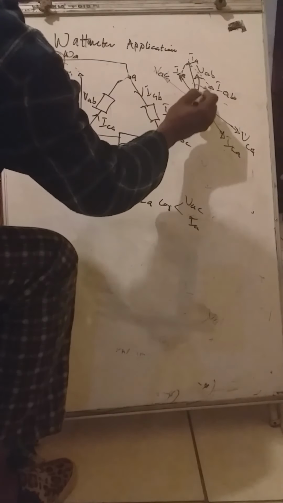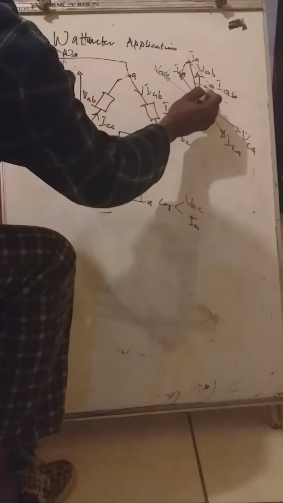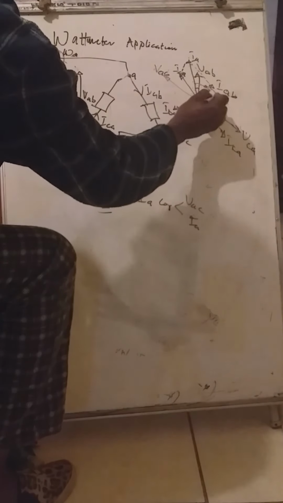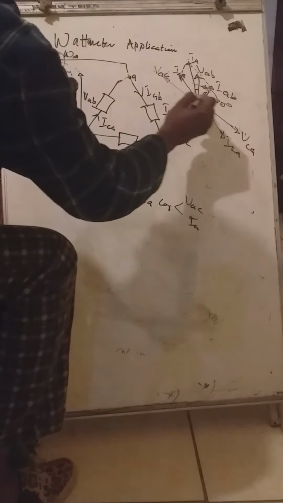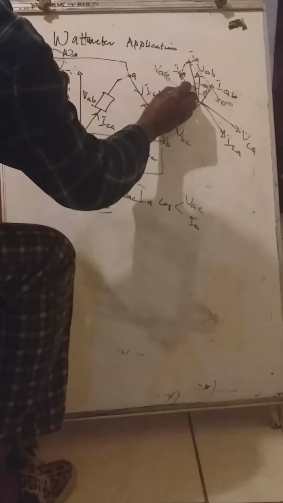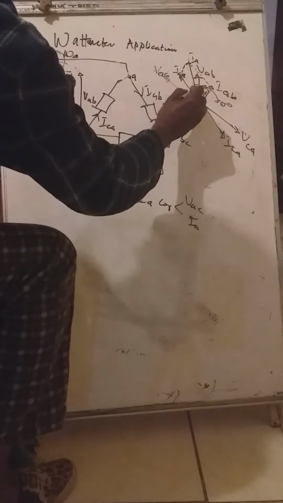Between VAB and IAB is phi, and between IA and IAB is 30 degrees. So we said between IA and VAB will be 30 degrees minus phi. That is this point.